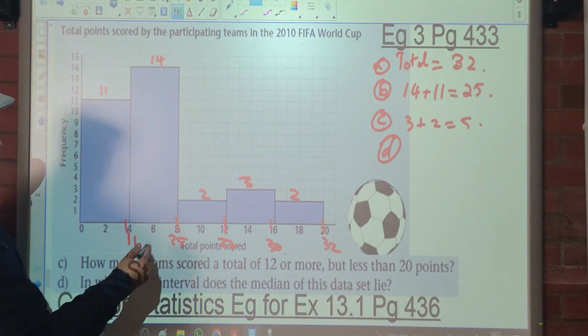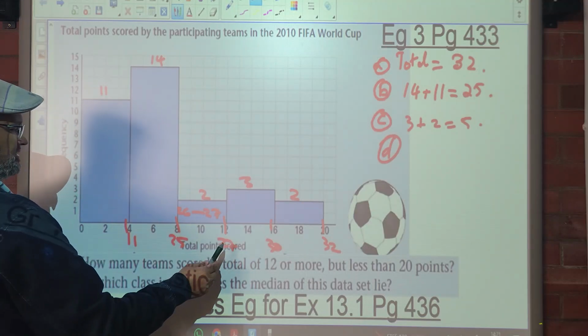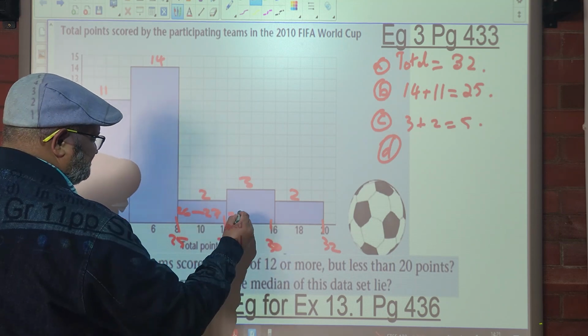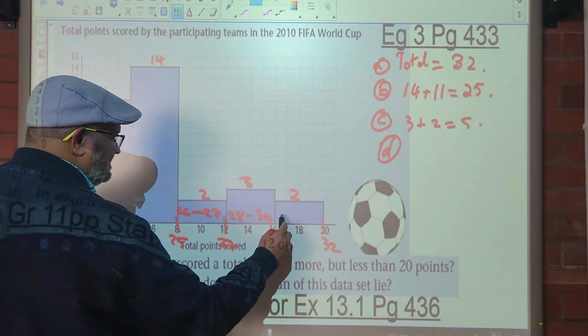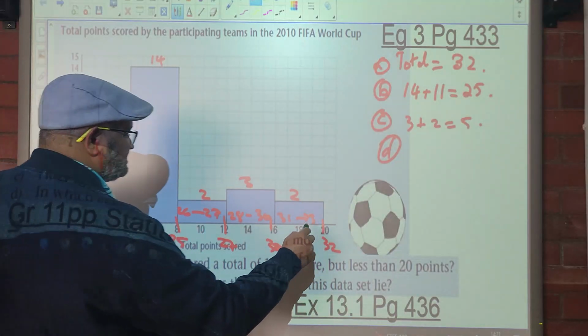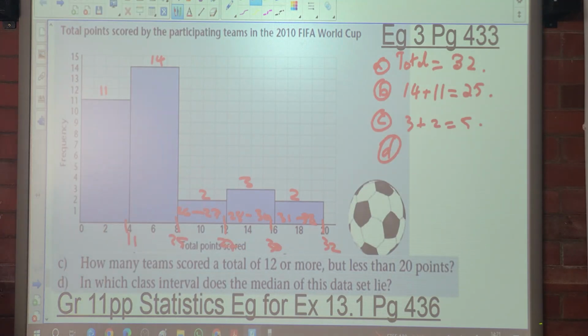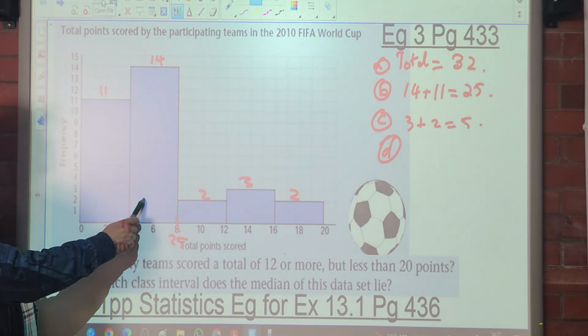Which means to say that the 26th till the 27th is in this class, from here. 28 till 30, and here 31 till 32. You guys understand? So the 16th and 17th team has to be in this category. You see that, people?